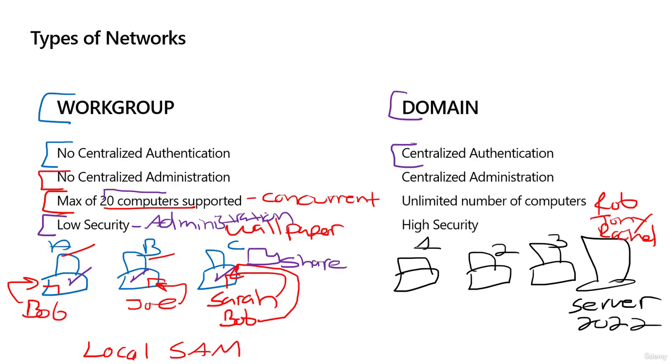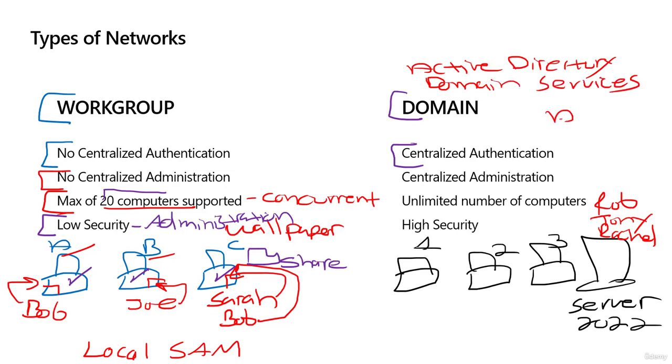Now, the software we use on a server to create the users is actually called Active Directory Domain Services, or ADDS. This Active Directory Domain Services software lets me create and manage users, computer accounts, and groups. So that is our centralized authentication.